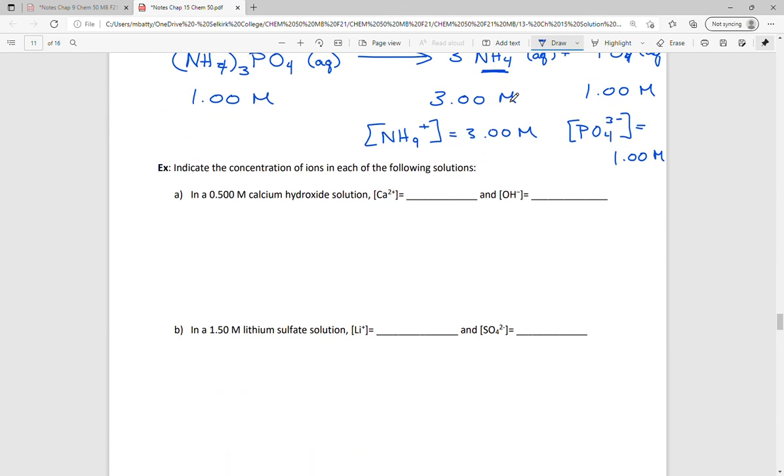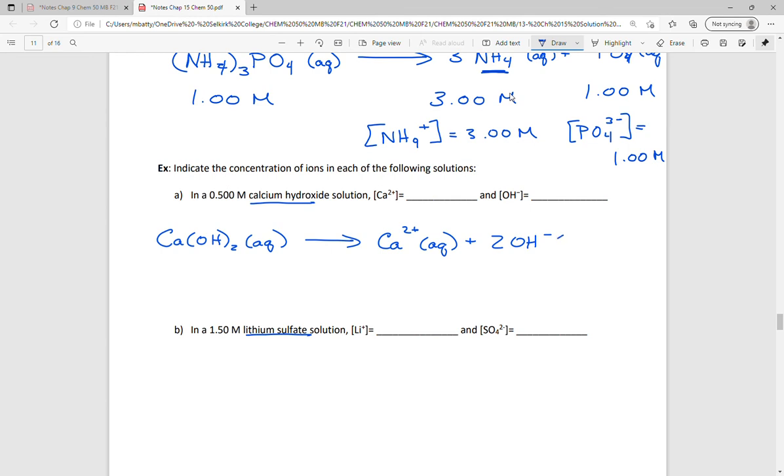Nothing too complicated. Don't overthink it. It is imperative that you get the right formula for these compounds. And I like writing out the dissociation because it gives me a chance to pause and really not make a mistake, hopefully, in this concept.